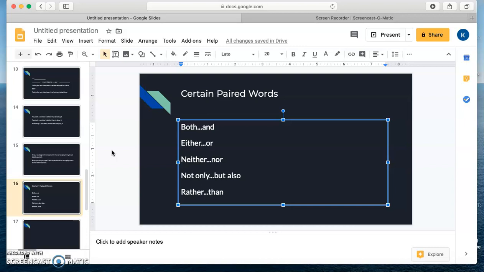When we set up a sentence or a phrase or some other kind of group of words in a sentence, and we want to say both this and that, the this and the that need to be parallel. Either this or that need to be parallel.